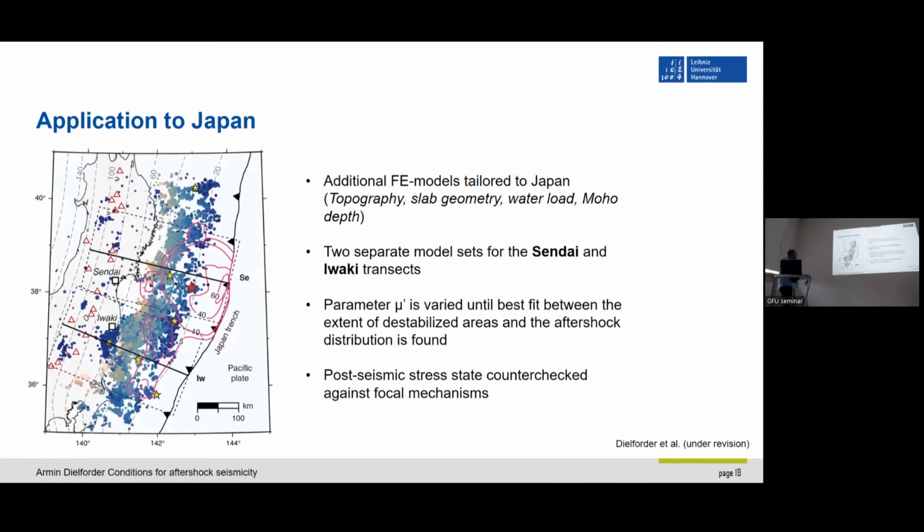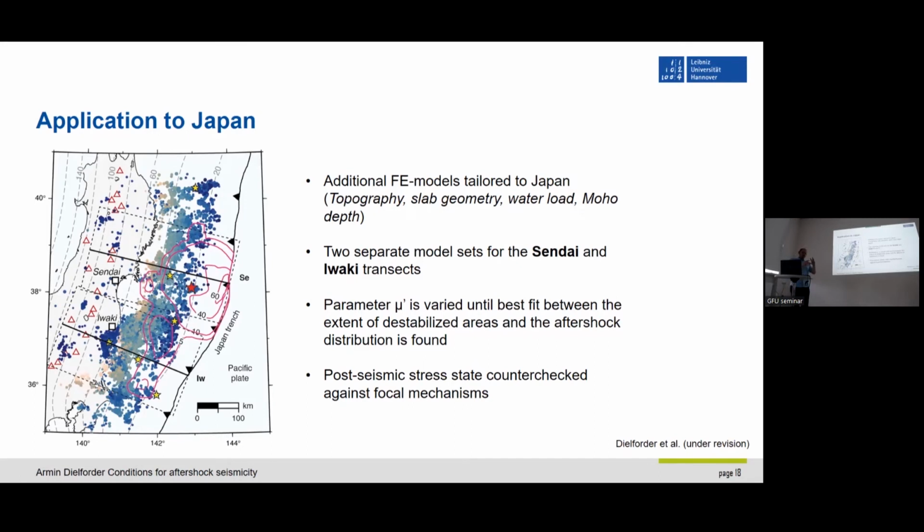So to apply this to Japan, we constructed additional finite element models that were then really tailored to the setting of Japan, in the sense that we respect the specific topography and the slab geometry and the water load and the crustal thicknesses. And then we constructed two different model sets. One model set that crosses here the northern slip area across Sendai, and one model set for the southern slip area across Iwaki.